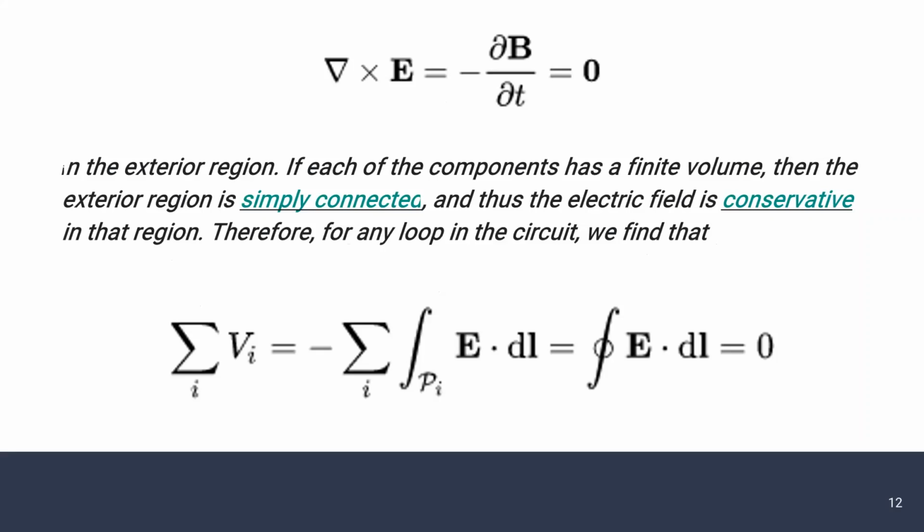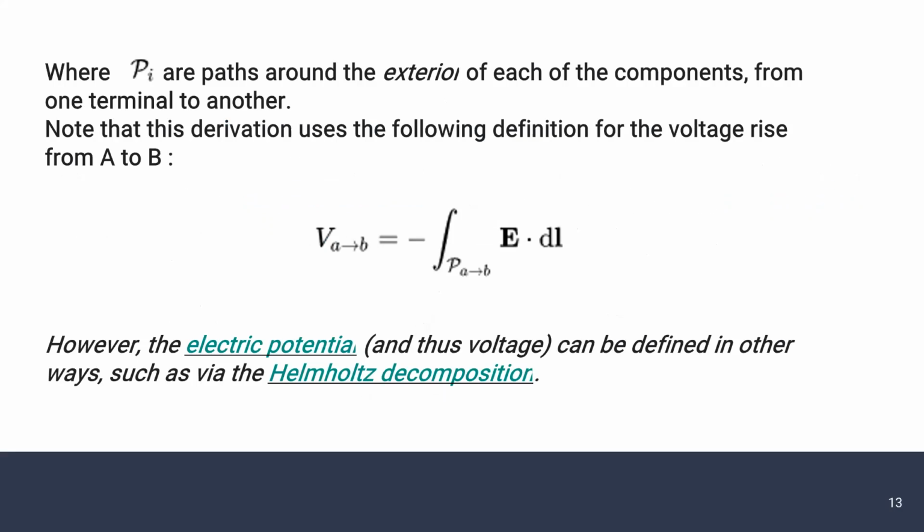Therefore, for any loop in the circuit, we find that the sum of Vi is equal to minus the integral of E dl, which is equal to 0, where the integral is from 0 to Pi, where Pi are the paths around the interior of each of the components from one terminal to another terminal.